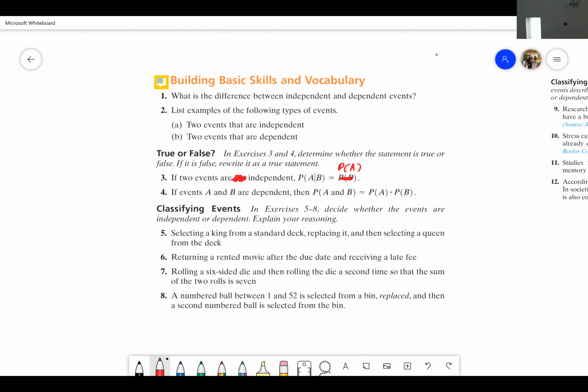If events A and B are dependent, then the probability of A and B equals the probability of A times B. Well, if that's number 4, no. To make this correct, you would have to change that word dependent to independent.